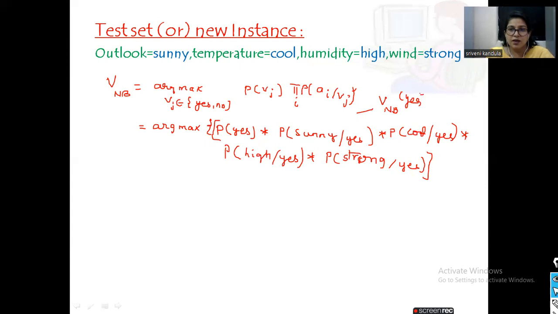Okay. So far we have computed the value of naive Bayes in case of yes. Okay. So similarly, we should calculate for no also. First, let us do the substitution and later on we solve for the value. So for the same thing, let us do for a Vj value no also.